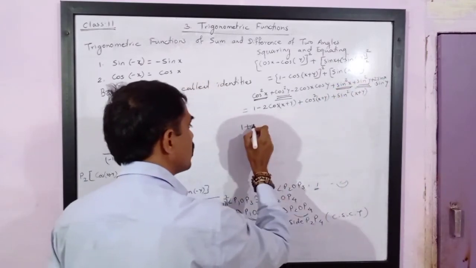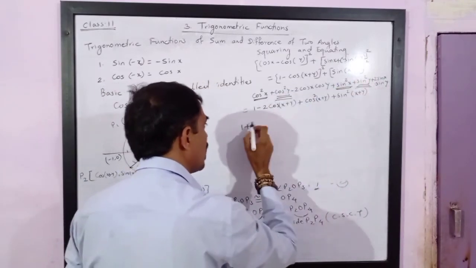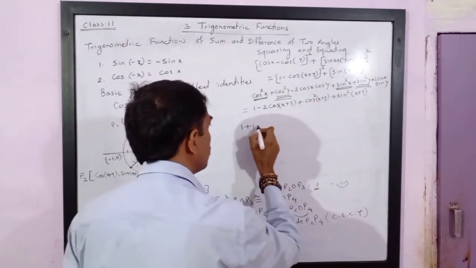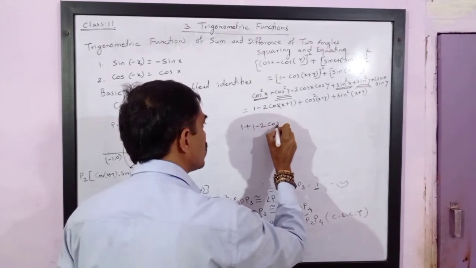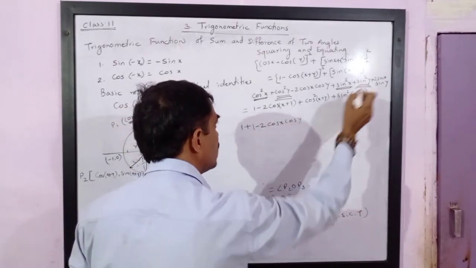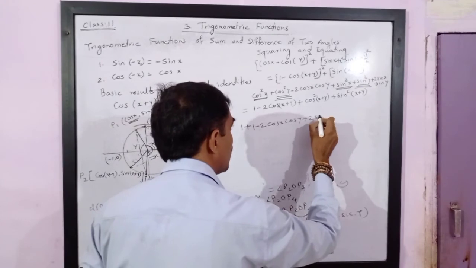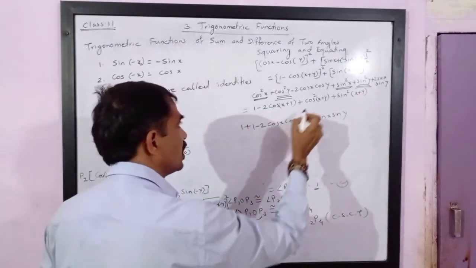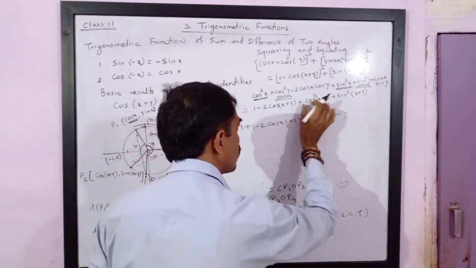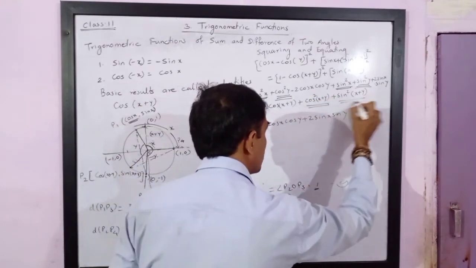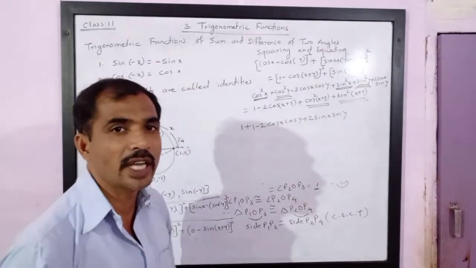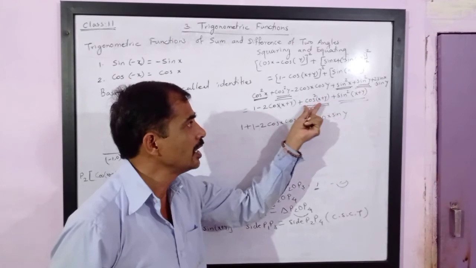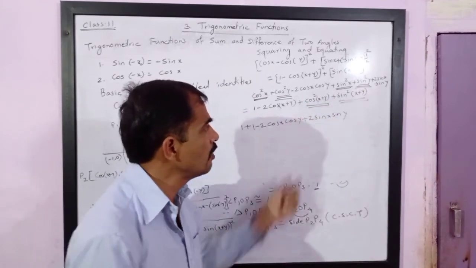Now this is minus 2 cos x cos y, and this is plus 2 sin x sin y, as it is I have written. Now this is cos square of x plus y, and this is sin square of x plus y. We know sin square theta plus cos square theta is equal to 1. So sin square of some angle plus cos square of the same angle is equal to 1. So we will get this total value is equal to 1.